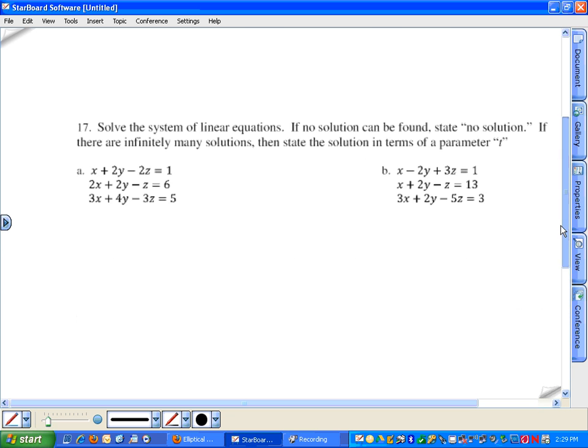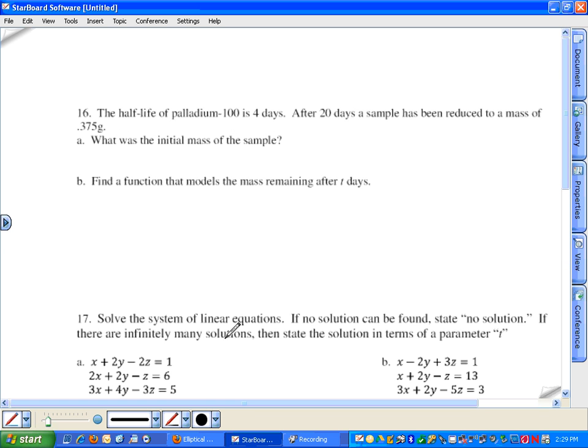Alright, a couple of story problems here. Alright, after 20 days, the sample has been reduced to a mass. Okay, so the half-life of palladium is 4 days. They haven't given us an initial mass of the sample, but they told us after 20 days, the sample that was originally there has been reduced to a mass of 0.375.